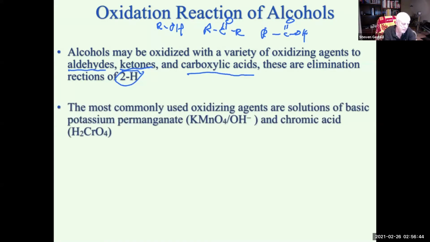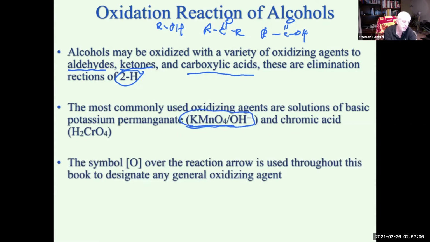Okay. The most commonly used oxidizing agents are potassium permanganate in a basic solution, OH minus, and chromic acid. Those are our 2 oxidizing agents. What causes oxidation? Because they absorb electrons, and oxidation is the loss of electrons. So these become reduced. They're oxidizing agents.